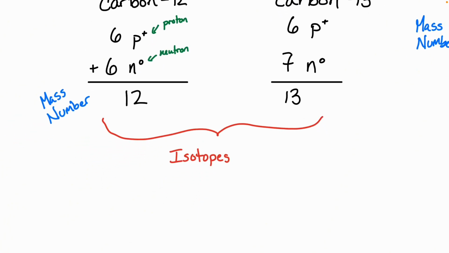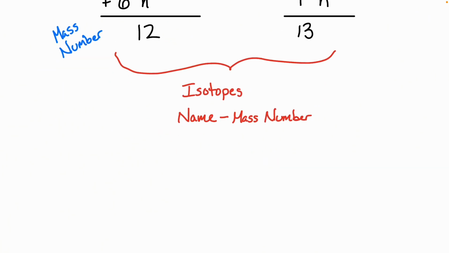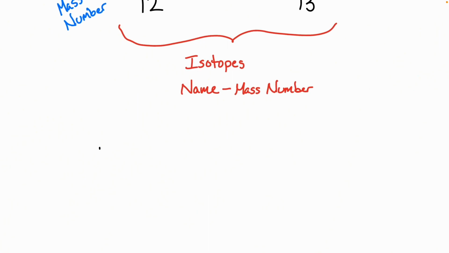So for a specific isotope, we name it with the name, dash, mass number. So carbon-12. That's my isotope name.